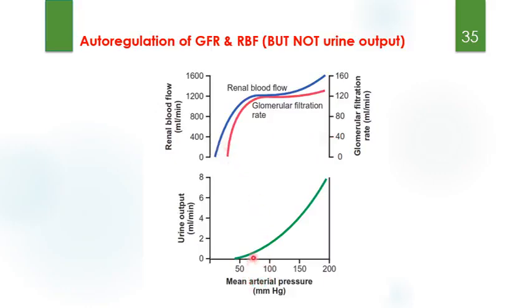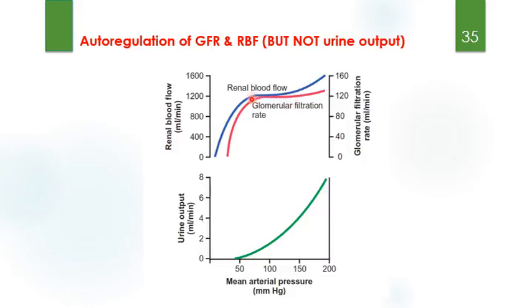Through different ranges of mean arterial pressure, you see that within a range, the renal blood flow and GFR are maintained, stable and not changing.